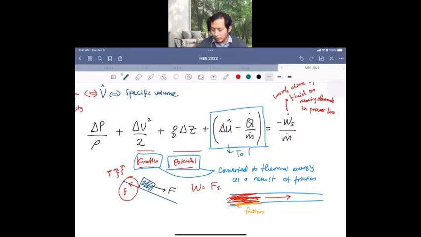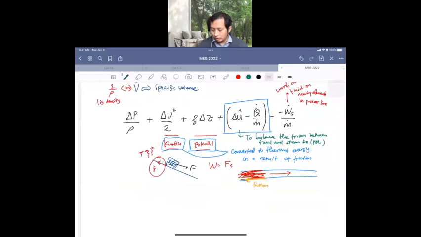This is to balance the friction between the fluid and the streamline, or pipe. Maybe that's clearer to imagine.